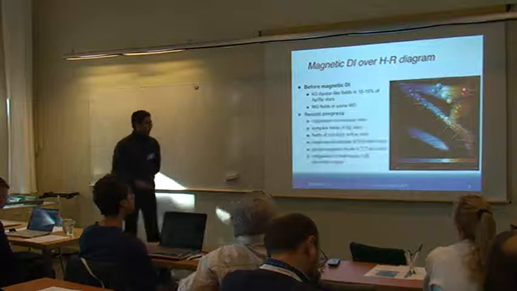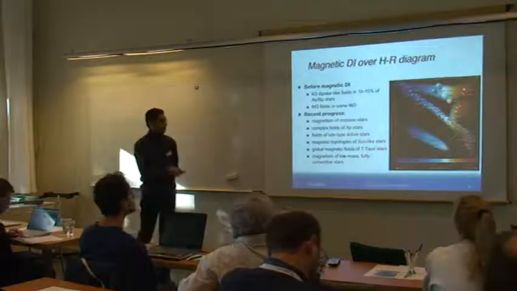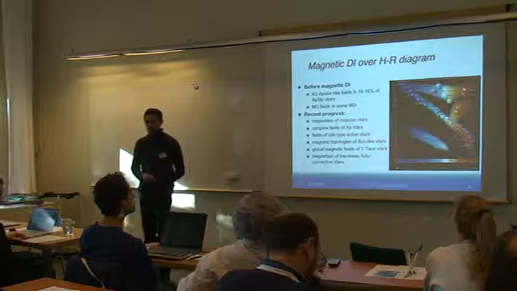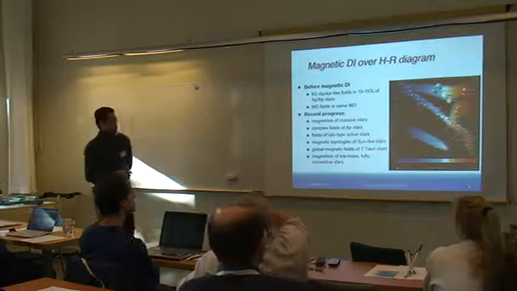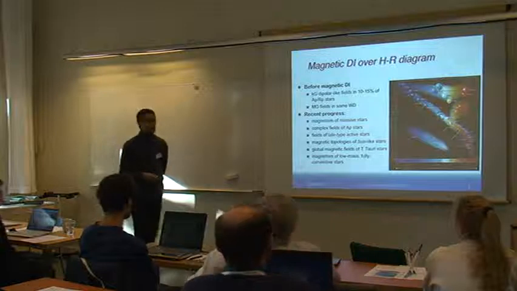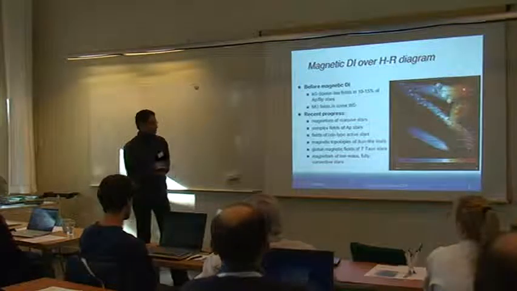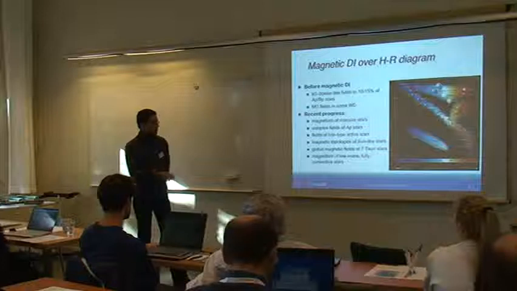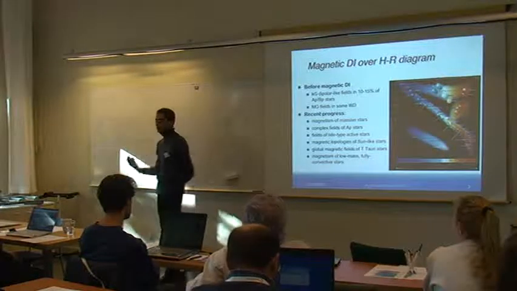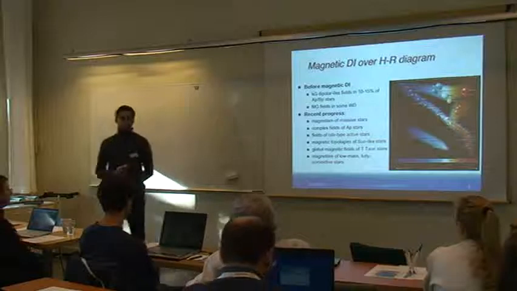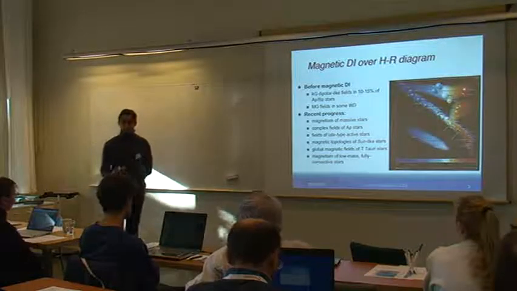But recently we started to detect magnetic fields in really massive stars, those that become supernovae at the end. We discovered complex magnetic fields in Ap stars, and we now understand better what the structure and strength of magnetic fields are in a variety of late-type active stars.